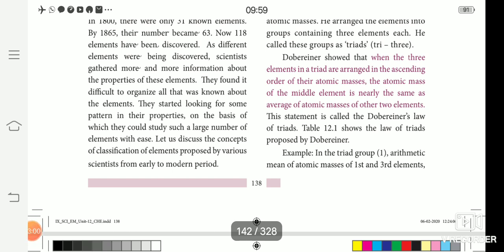In this triads law, when the three elements in a triad are arranged in ascending order of their atomic mass, the atomic mass of the middle element is nearly the same as the average of the atomic masses of the other two elements.